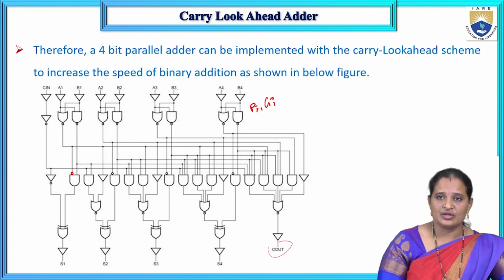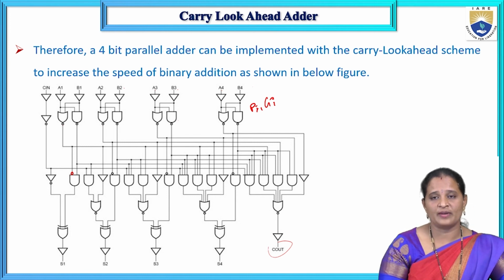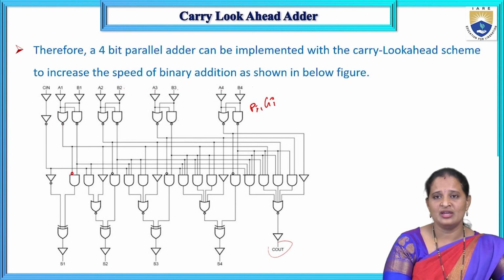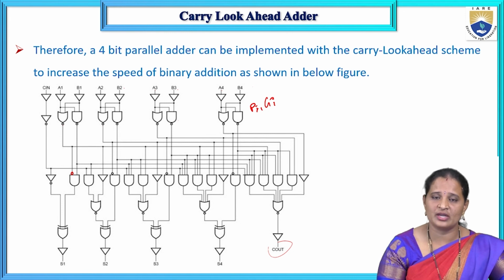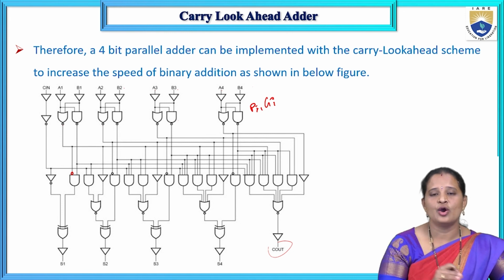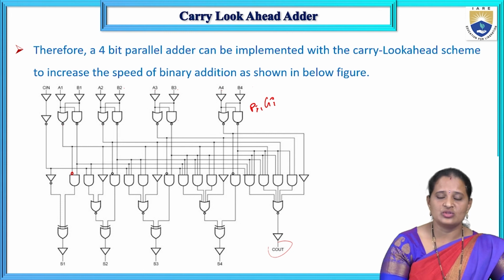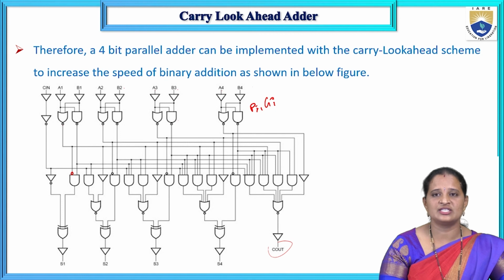So we can have this complex circuitry, but the thing is we can have the carry generate and propagate functions at a time once the inputs are all applied. Hence we can get all the 4-bit sum and the carry output at a time without any propagation delay. So this is the implementation of a 4-bit parallel adder using carry look ahead scheme.